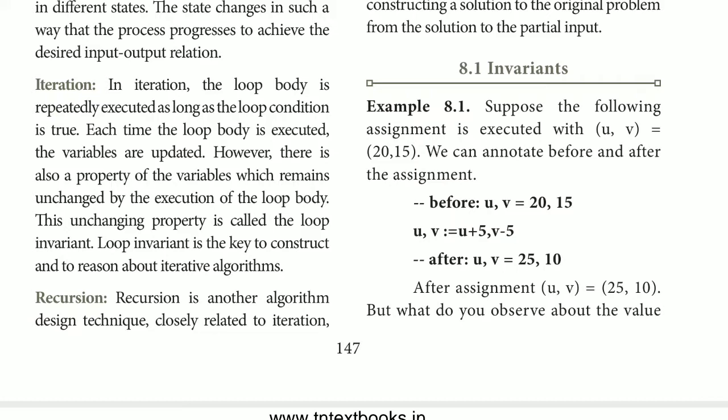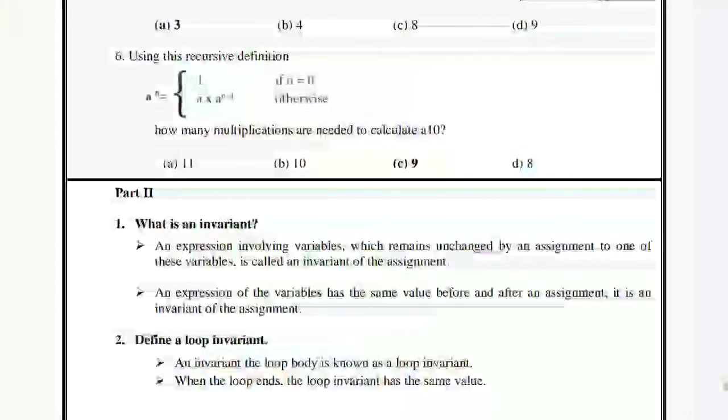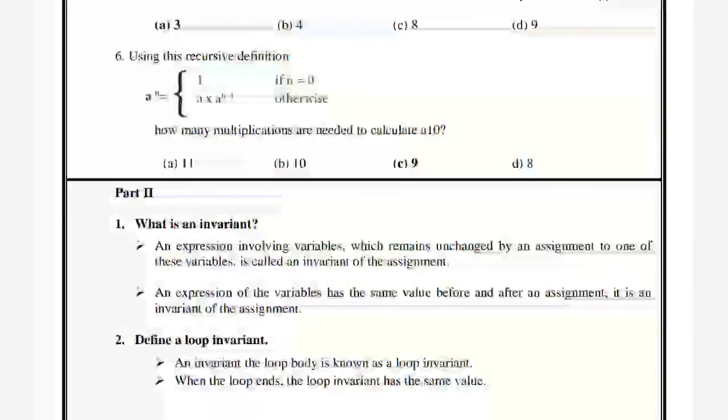So the first thing is invariant. An invariant is an expression involving variables which remains unchanged by an assignment to one of its variables; it is called an invariant of the assignment.